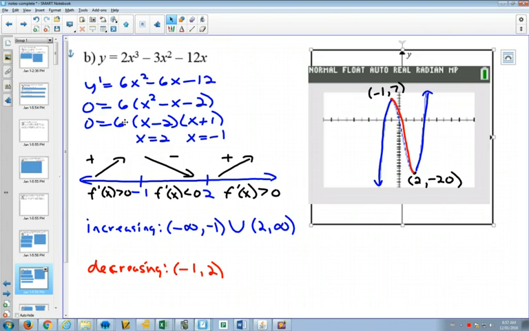When you actually want to find what these maximum and minimum points are, like when you want to find -1, 7, and 2, -20, those are points on the original graph. The original graph is the original equation, y equals 2x cubed minus 3x squared minus 12x. So I plug negative 1 into my original equation to get the 7. I plug the 2 into my original equation to get the negative 20.